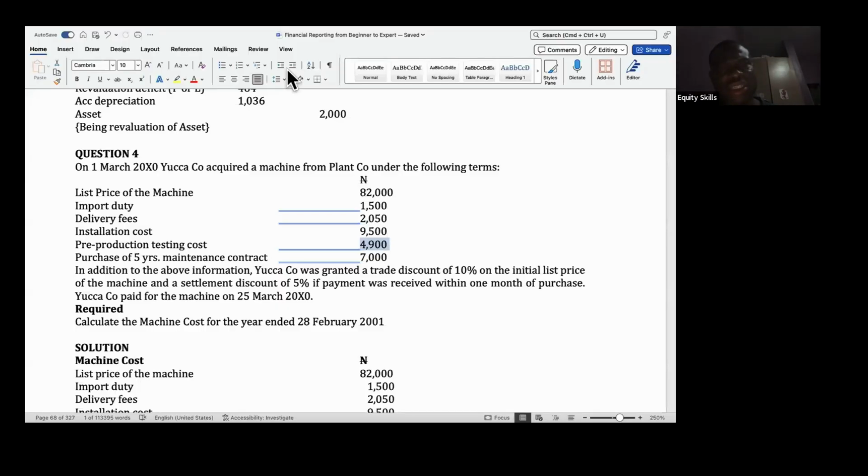So the person that said yes, why did you say we'll capitalize testing cost? If you said we'll capitalize, now we're asking why are we capitalizing?